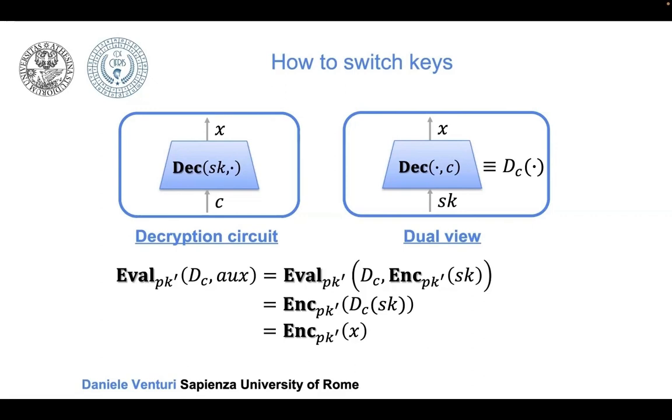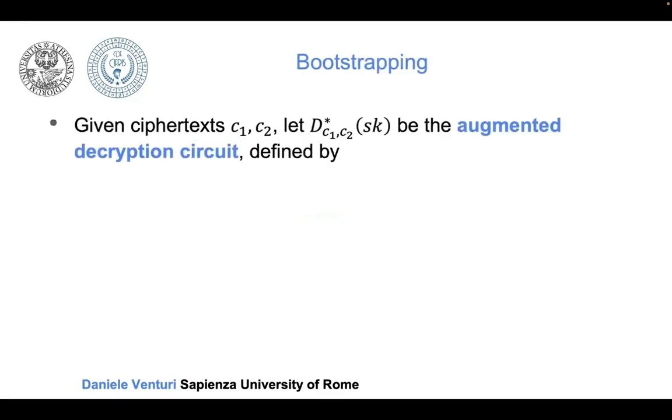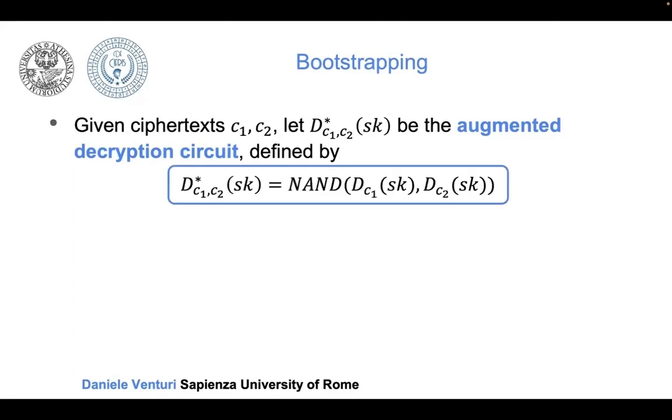So essentially, in order to do the switch, what do I need to do? I need to evaluate homomorphically the decryption circuit. If I can evaluate homomorphically the decryption circuit, by publishing this additional information, I can do the switch. Now, unfortunately, only switching the key is useless, right?